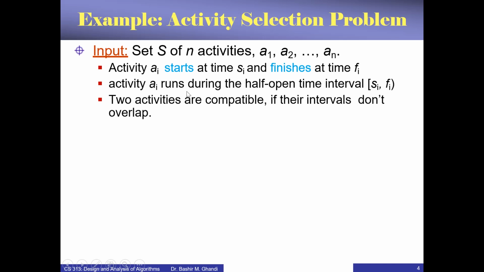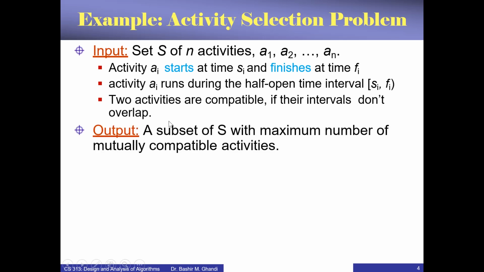Let's also define what we mean by compatible or mutually compatible activities. Two activities are said to be mutually compatible if their intervals do not overlap. So with this input, what output do we need?